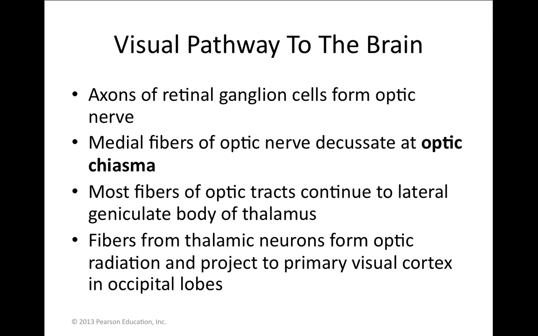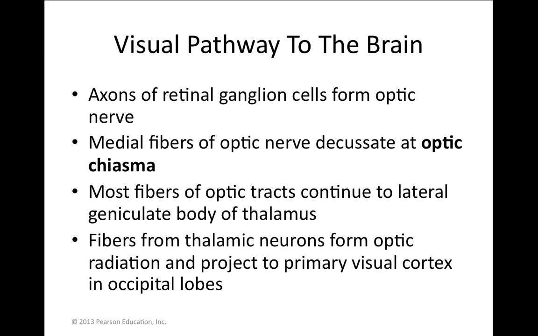Now, most fibers of the optic tracts will continue to the lateral geniculate body of the thalamus, and the thalamus is going to send the neurons to their proper destination. Because that's what the thalamus does: it essentially is a packaging center that sends the neurons where they need to go.